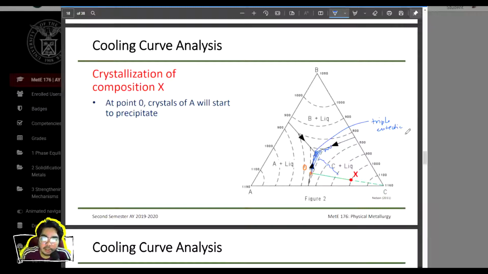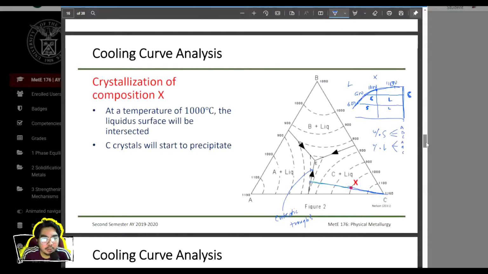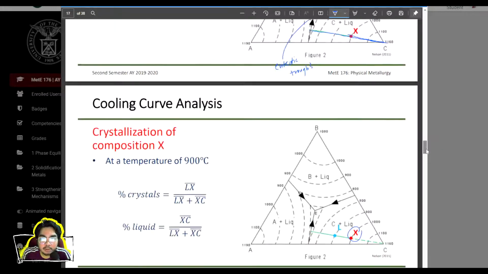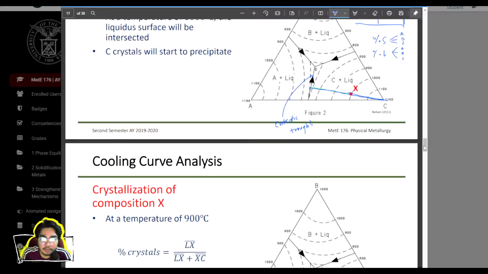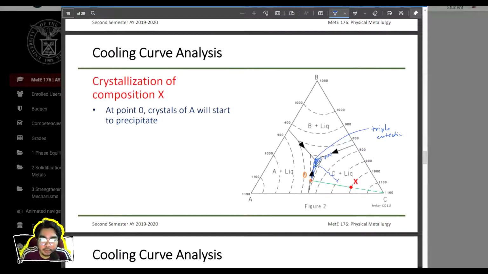And I don't know what the temperature of this triple eutectic is. If we knew the triple eutectic point, it would be easier to estimate the gradations here, how it scales in a way.